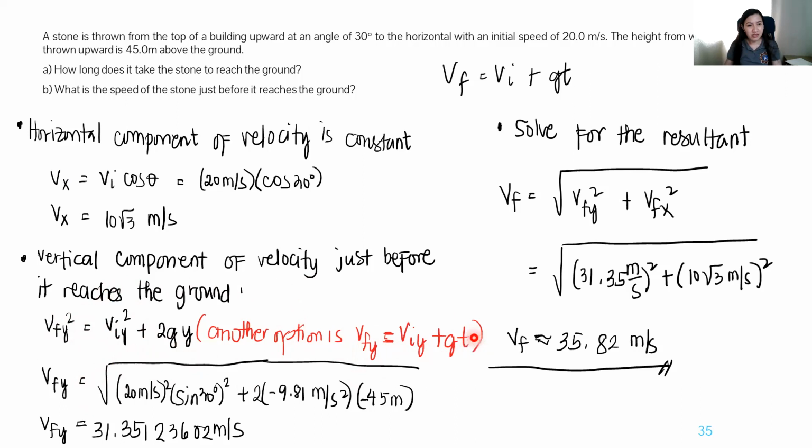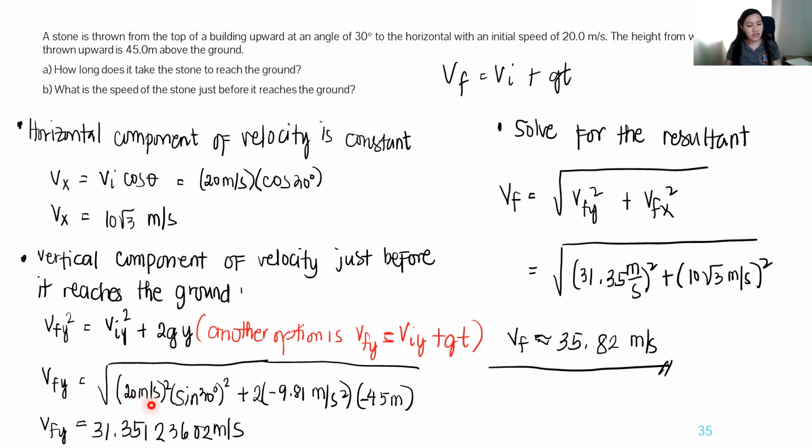We have the time for it to reach the ground, but I am using this one because just in case I made a mistake in solving the time in letter A, my answer in letter B would not be affected. So it would be best to use the values given instead of the values that you solved, if possible. So Vfy is the square root of Viy squared plus 2gy.